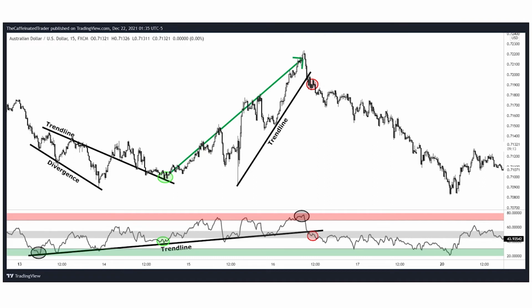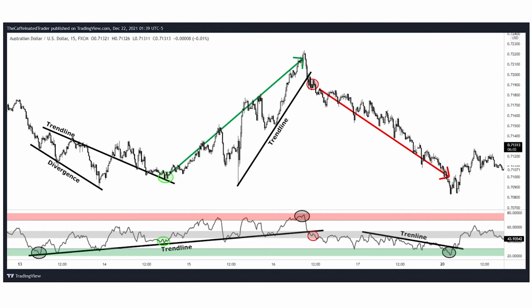So we enter into that short position and we ride it all the way down until it gets oversold. So we see it get oversold here. And as you can see, it stayed below that 50% the entire time it came down. As we got a little bit closer down to the bottom, we see it follow this trend line here, right?